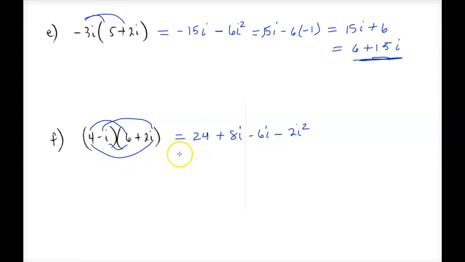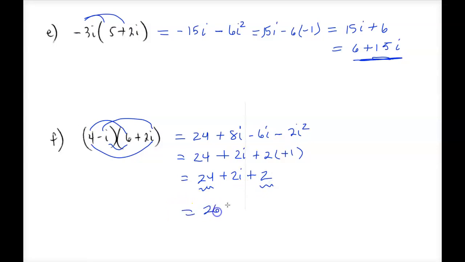And of course, from here we realize that 8i and minus 6i combine to be 2i. And that i squared here is a negative 1. So the negative times a negative actually ends up being a positive. And of course 24 plus 2 is 26.